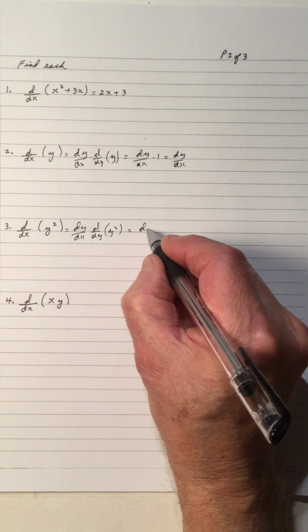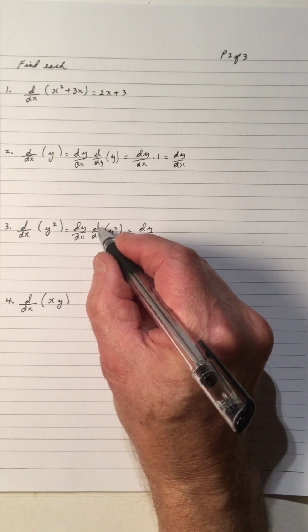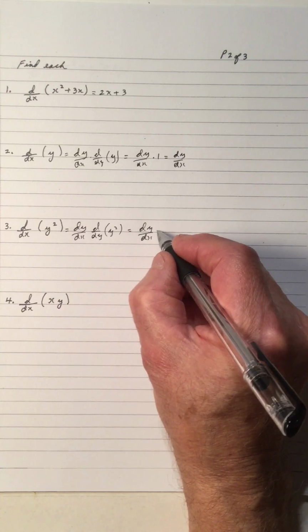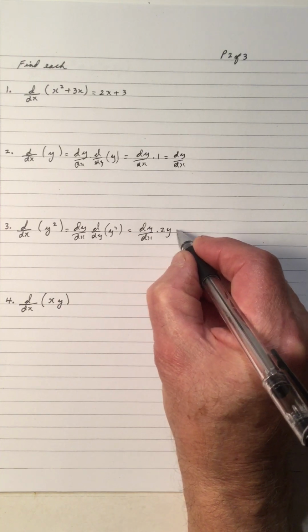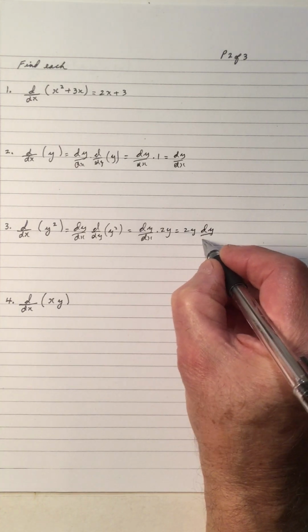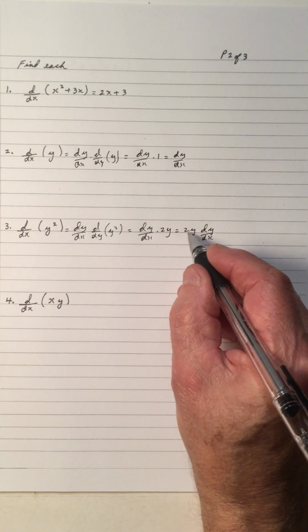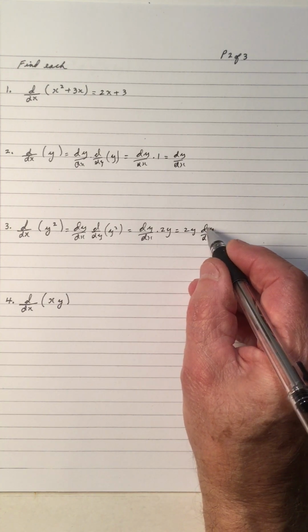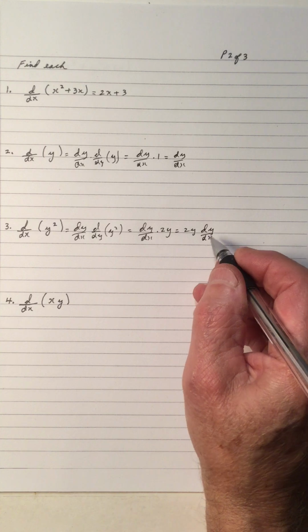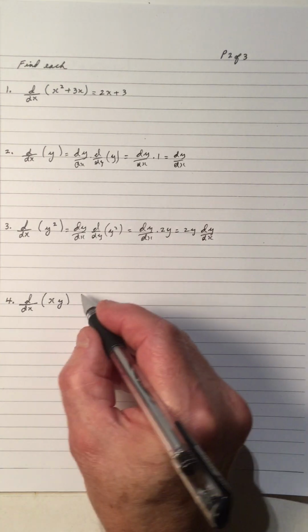So we have dy dx, and dy on y squared is 2y. So we can write it 2y dy dx, just to put the term in front of the dy dx to be consistent when we do videos further on, more videos.